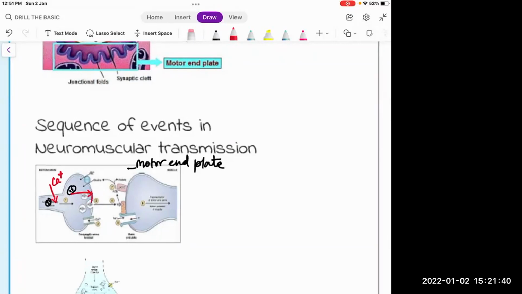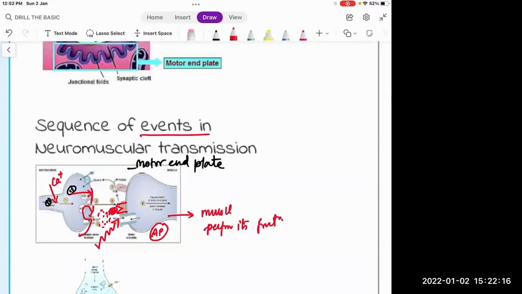Once it reaches the presynaptic terminal, by the same process of exocytosis, it is released and binds with the receptors in the postsynaptic motor end plate. That is considered to be the stimulus for the motor end plate. Again, here an action potential is generated and the muscle will perform its function.